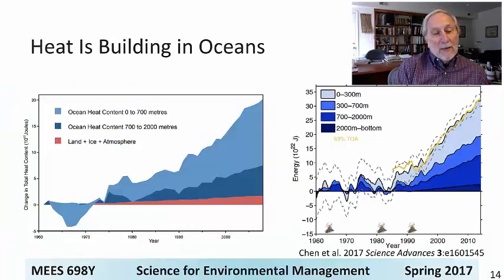As a consequence, most of the heat that the planet is accumulating is not in the atmosphere. Actually, it's in the ocean. You can see here only a small part of the heat built up is a result of the increase in heat content in the atmosphere, and also the decrease in ice as a result of the heating of that ice.